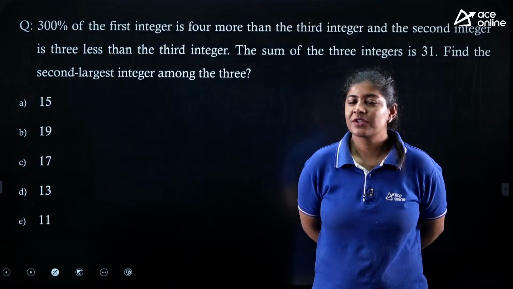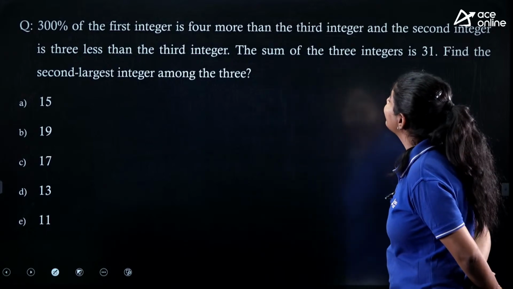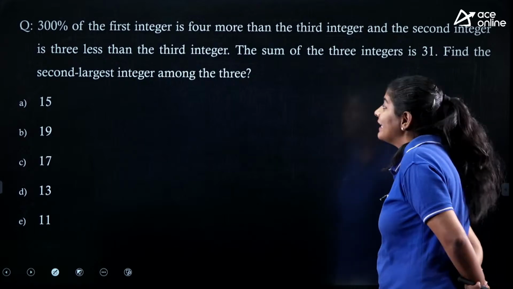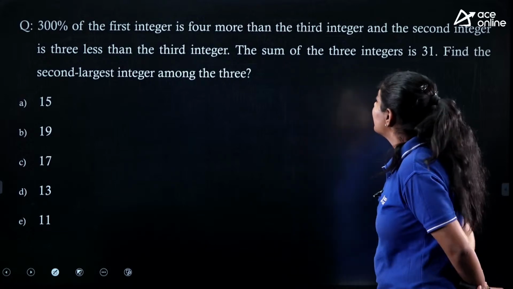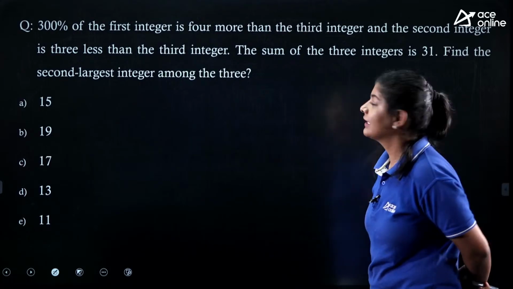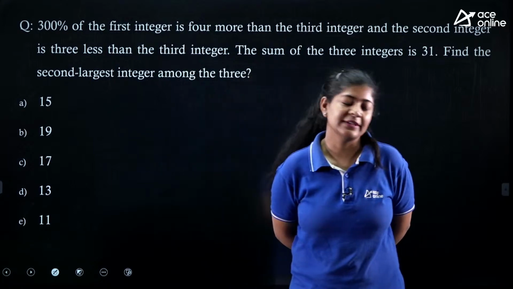Okay, so the next question says that 300% of the first integer is 4 more than the third integer, and the second integer is 3 less than the third integer. The sum of the three integers is 31. Find the second largest integer among the three.